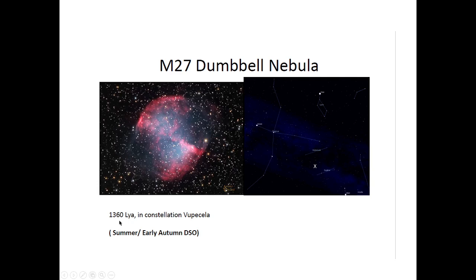That's 1,360 light years away, and this is visible from summertime all the way into the mid-autumn, I would say. Depending on if you have a good western horizon, you can see this pretty well. Even in a suburban area with a light pollution filter, an 11-inch scope will resolve that. If you go out to a little darker sky, an 8-inch telescope will easily resolve this.